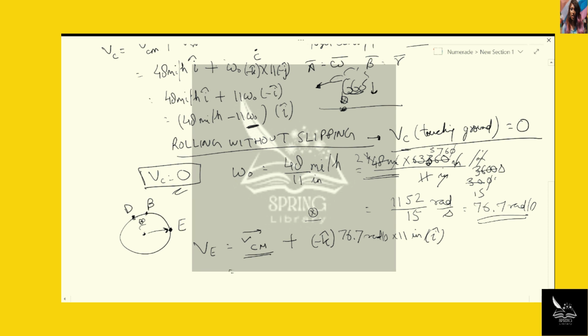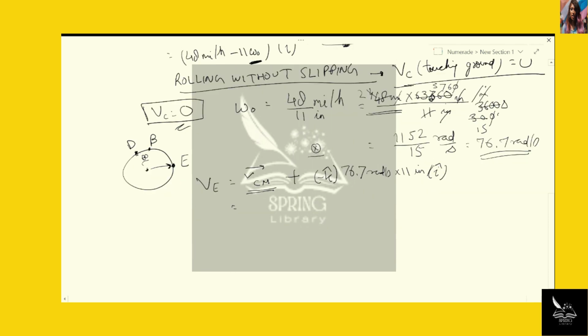Okay, so remember your VCM, that's 48 miles per hour.